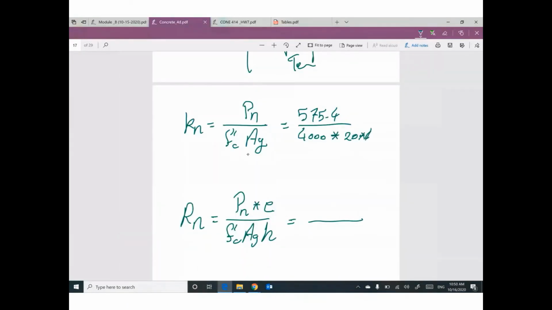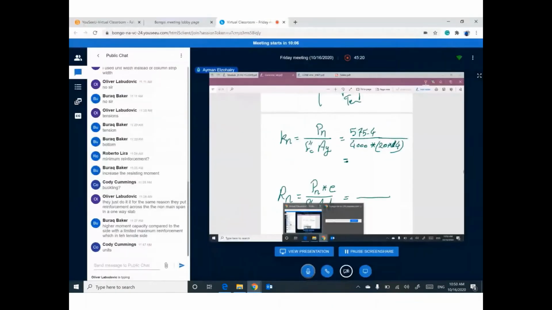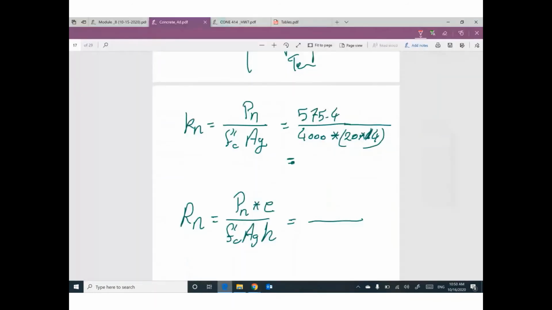We have an issue here. Do you know what is the issue? Units. Thank you, Cody. Units. Pn is in kip, 4,000 is in psi, and this one is in inch square.